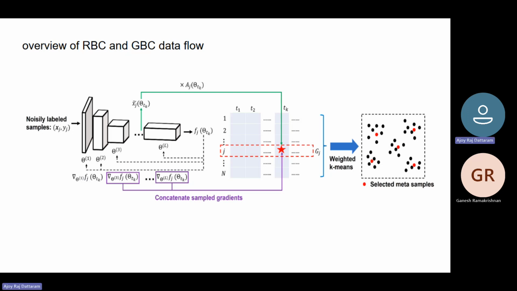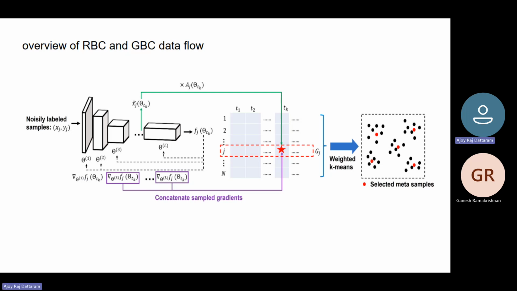So this is how the RVC and GVC data flow. First, the process begins with the dataset of noisily labeled samples xj and yj, where the labels may contain errors and imbalance. After that, in the gradient calculation for each sample j, the model computes the gradient of the loss function at multiple training time steps.